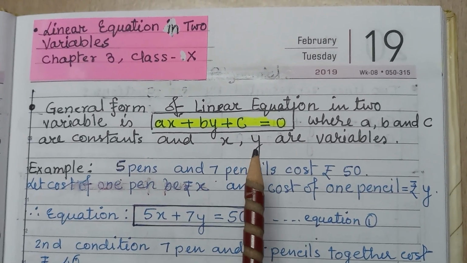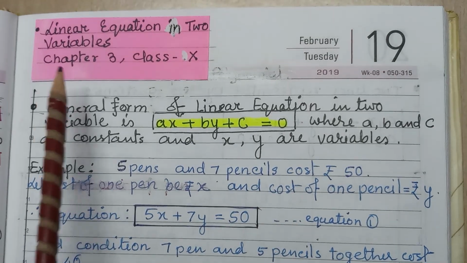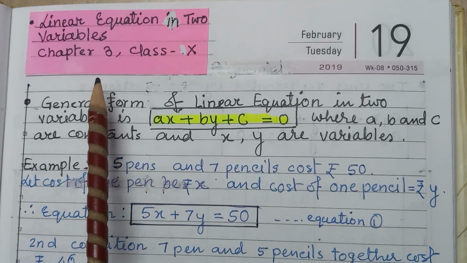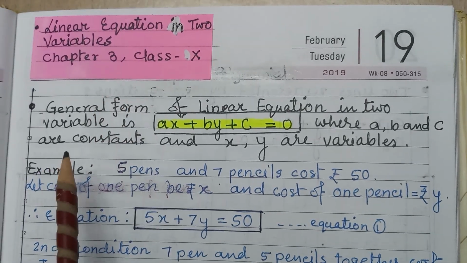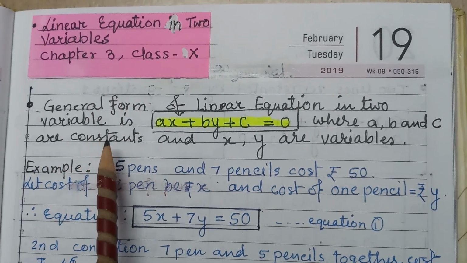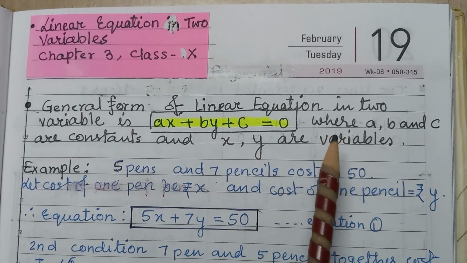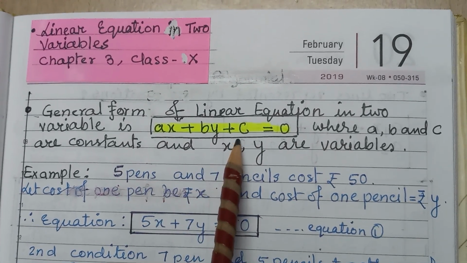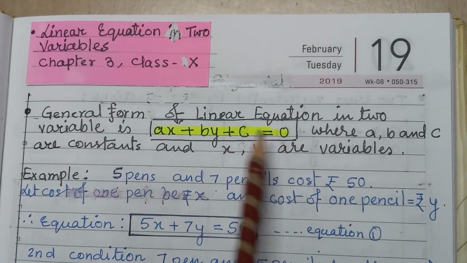Today I am going to explain a new chapter, that is linear equations in two variables. Chapter 3 of class 10. The general form of a linear equation in two variables is ax plus by plus c is equal to 0.